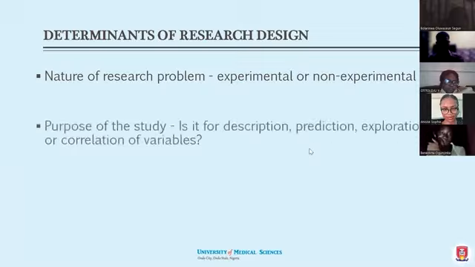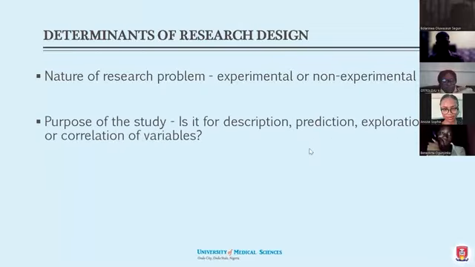It's okay. Then somebody also mentioned the purpose of the study. What do you want to do in that study? Is that study for description? Is your study tending toward prediction? Is it predicting the relationship between variables? If you want to predict the relationship, especially you want to talk about the cause and effect relationship, then you know that you have to go in form of experimental, maybe quasi-experimental.